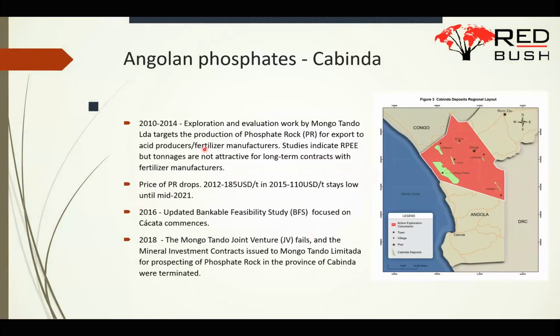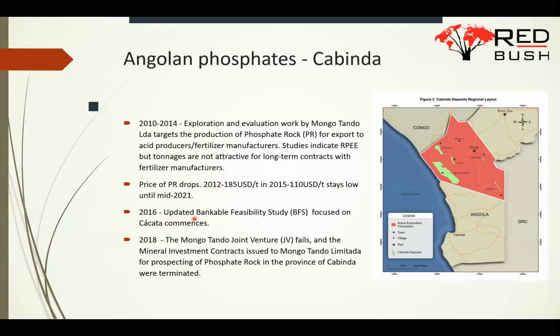More exploration work. Now, again, there's a failure of this project. Why? Same thing: yes, it looks good, but the tonnages are not attractive for long-term contracts with fertilizer manufacturers. Same problem that the COFAN guys had. The phosphate rock price drops by about 60%, and then it stays very low for a while.